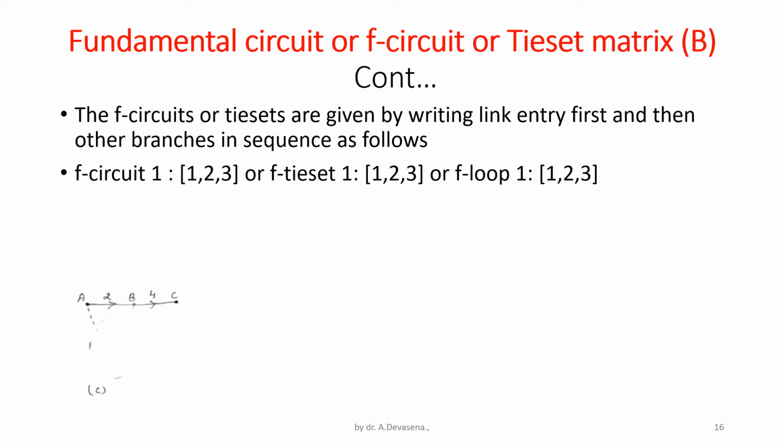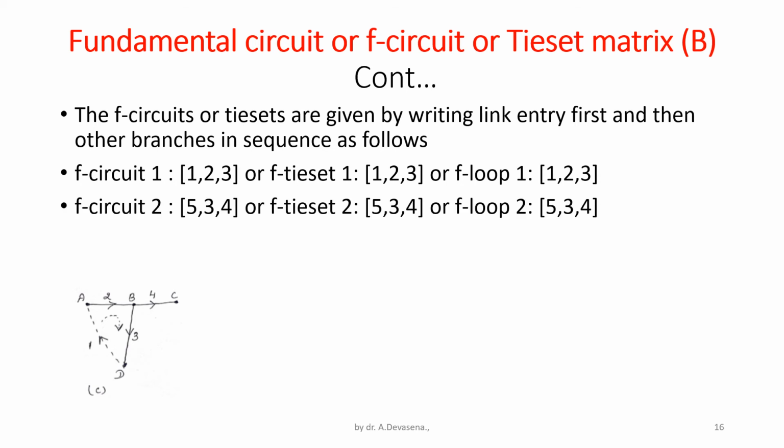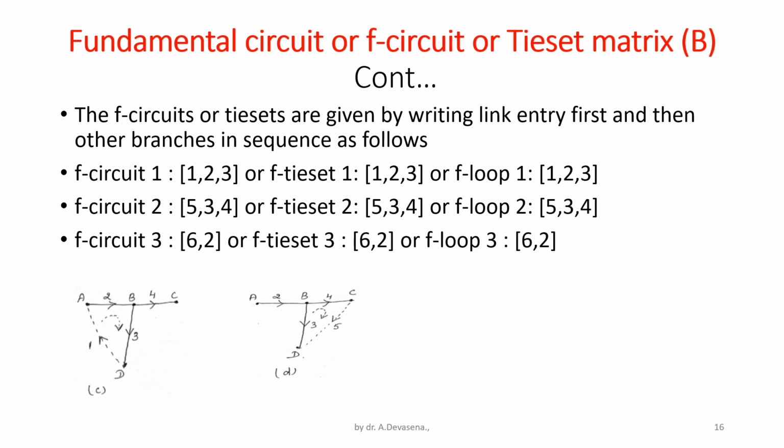This is shown in figure C. F circuit 2 comprises branches 5, 3, 4. It is represented in figure D. F circuit 3 comprises branches 6, 2. It is also called F tie set 3. This is shown in figure E.